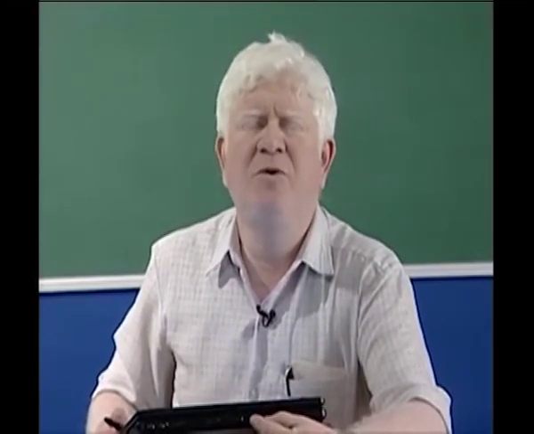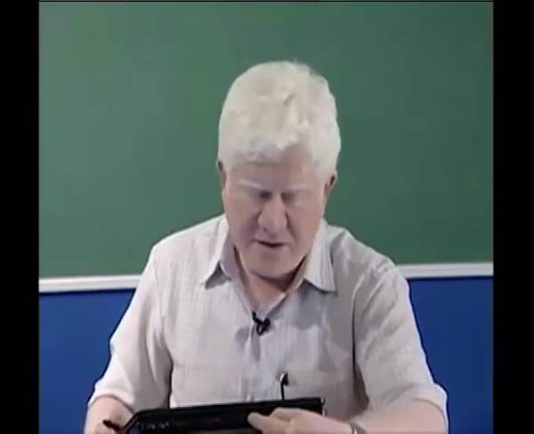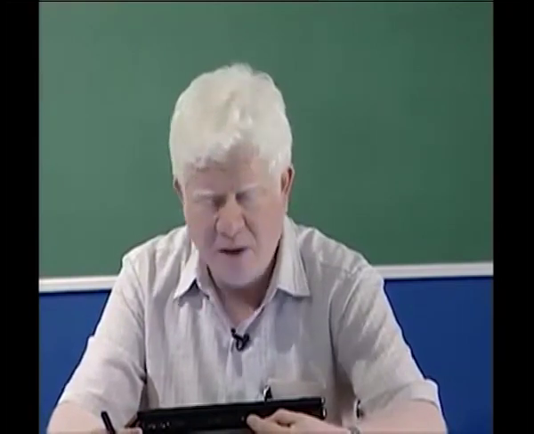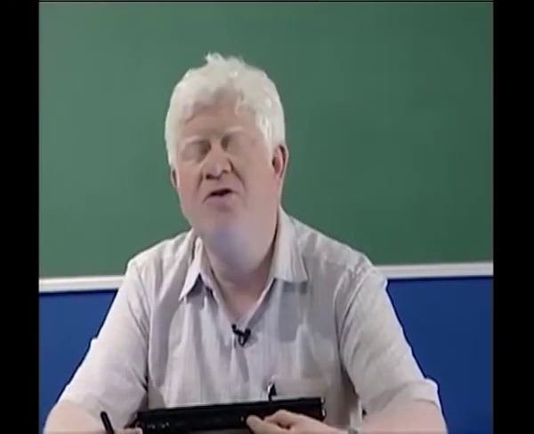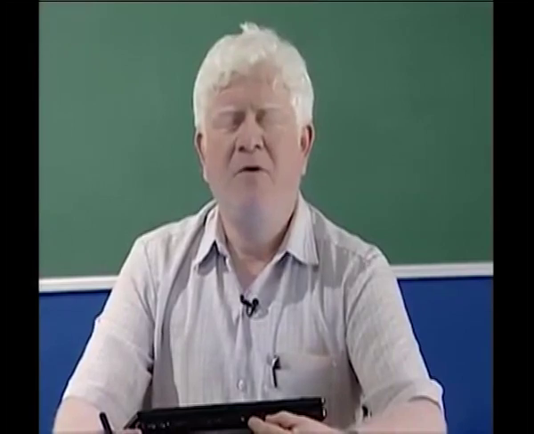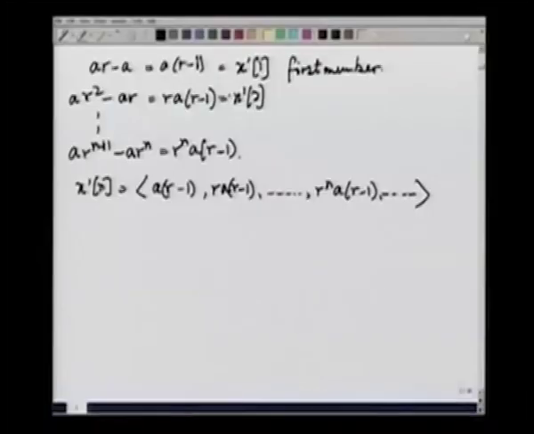Why is it a sequence which is exponential? Because it matches the first property that we just discussed, namely that there is a constant ratio between a pair of consecutive members. If you take the second member of this sequence and divide it by the first member of the sequence, you will get r. If you take the third member and divide it by the second member, you will get r. So, this is certainly still an exponential sequence.